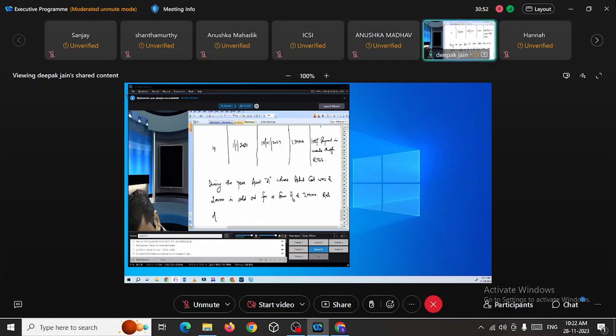Rate of depreciation, let us say 40%. Compute depreciation for financial year 23-24.